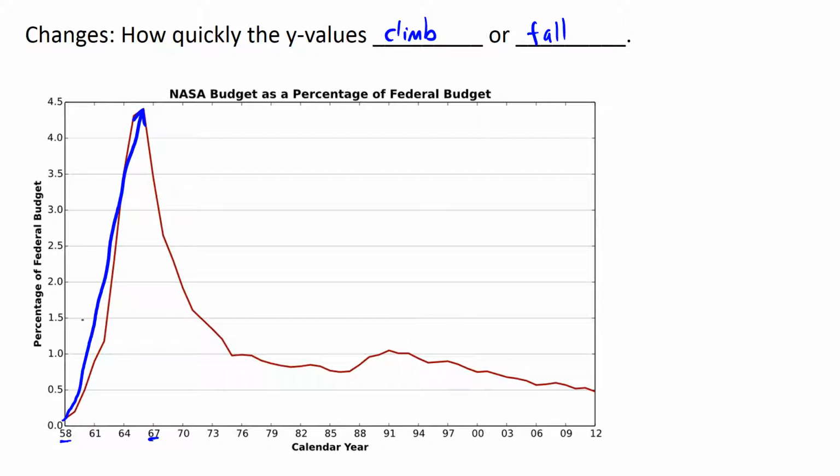So this is what we could call a fast increase. It increased super quickly while they were racing to the moon. But then what we see is that after they get to the moon, the budget takes another fast decrease. This is a fast decrease.